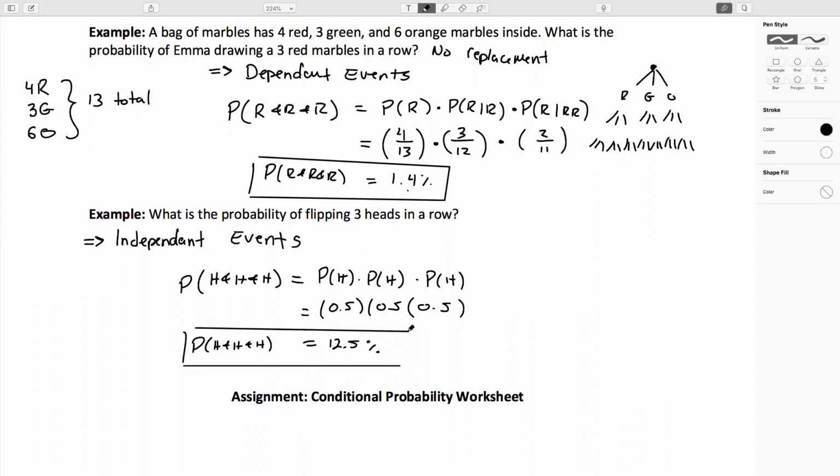And so this is the part that I'm trying to get people to wrap their heads around here: while the situation of getting 3 heads in a row is only 12.5% likely, if you go to flip the coin, your probability of getting a head here is only 50%. It hasn't changed. Every time you flip the coin, you still have 50% probability that you're going to get one tail or one head.